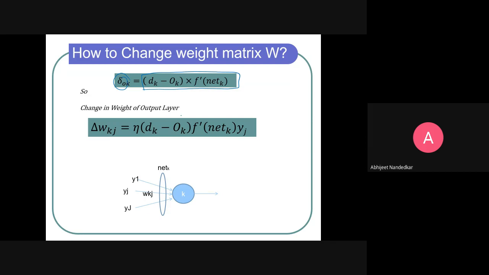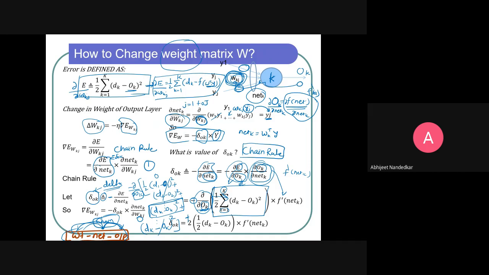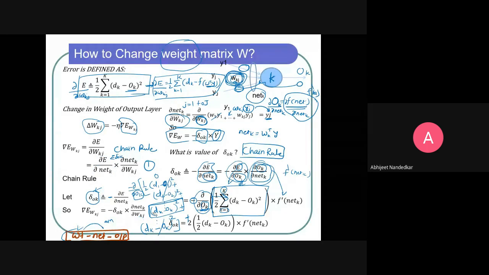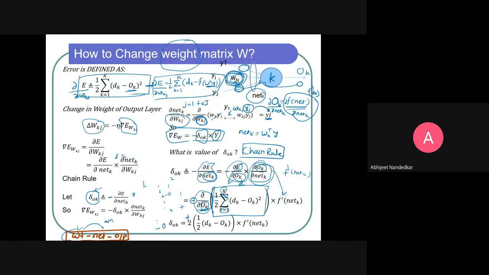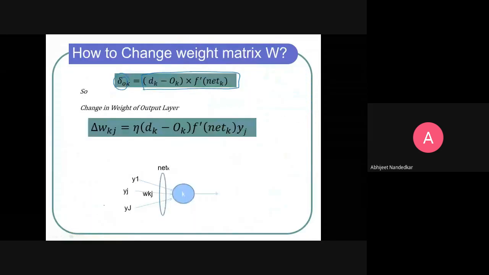So if I substitute all these things into proper place, I will get the gradient, and the negative of that will give me the change in weight.